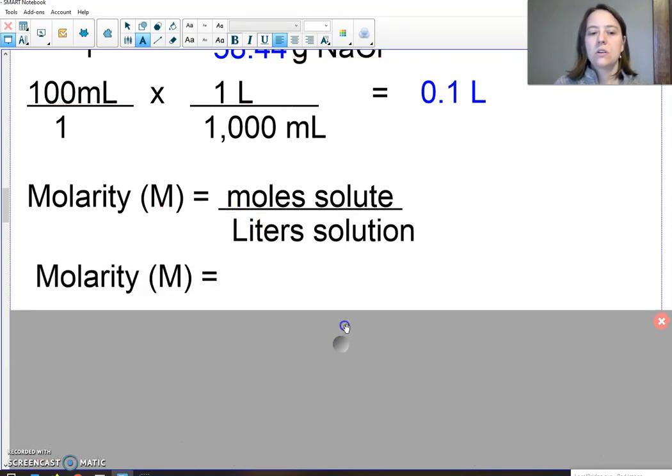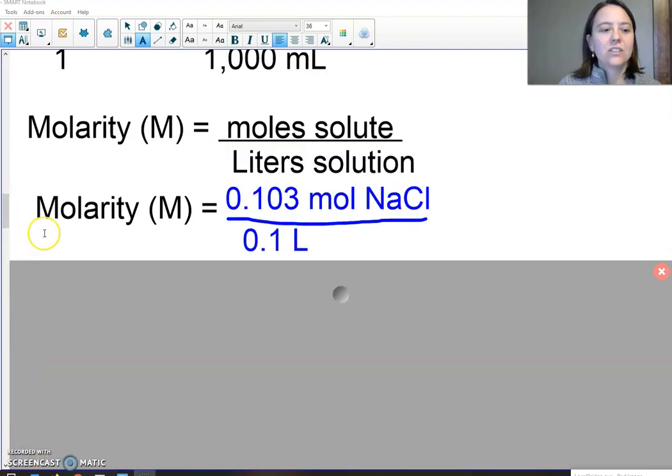And then we're going to sub in our numbers. So we write down molarity, because that is our unknown, equals, and we sub in our numbers, 0.103 moles of NaCl over our liters of solution, which is 0.1 liters.